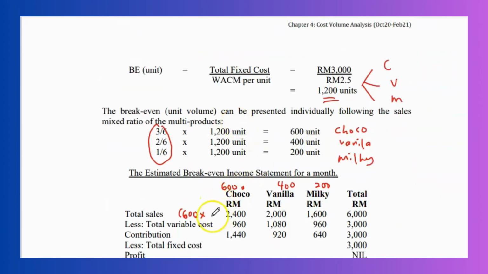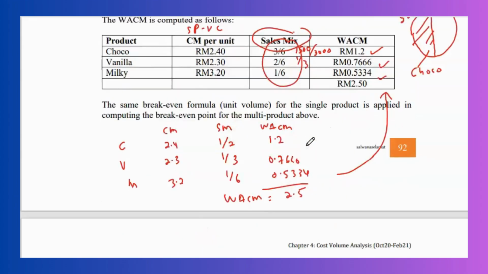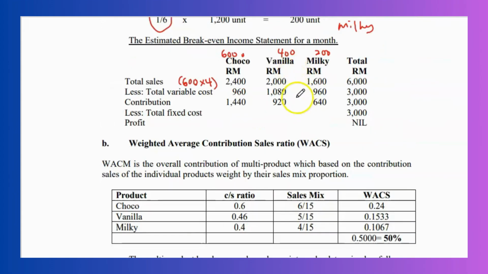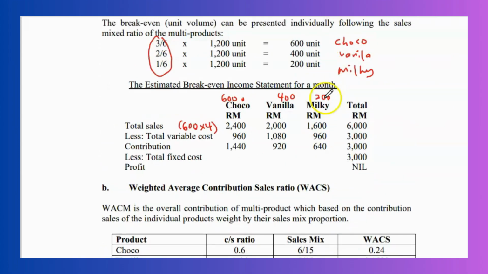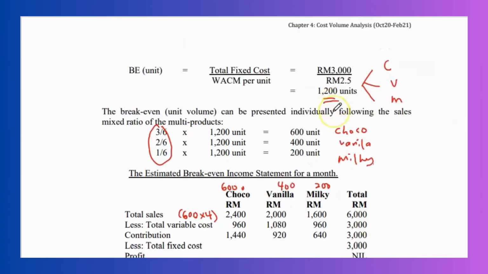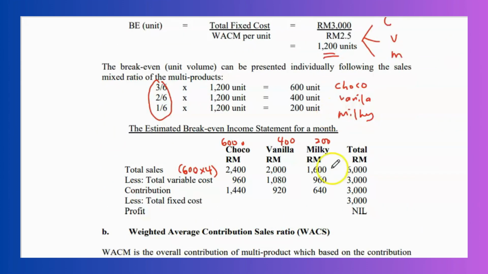And how they get vanilla 2,000 is 400 multiplied by the selling price of 5 ringgit. 4 multiplied by 5 is 20, so 2,000. And for milky, how they get 1,600 is actually 200 units multiplied by 8, which is 1,600.